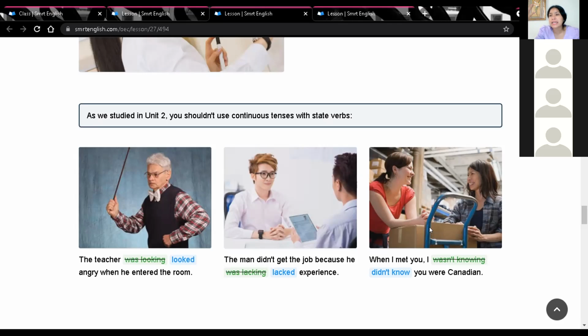The ones that are not physically made, right? For example, the teacher looked angry when we entered the room. If we say was looking angry, it doesn't make that much sense. So, looked angry. The man didn't get the job because he lacked experience. When I met you, I didn't know you were Canadian. Okay, so again, the state verbs are the verbs that are not physically made.